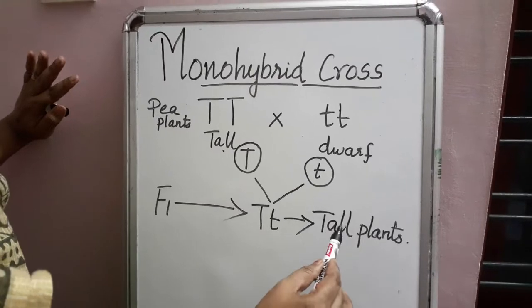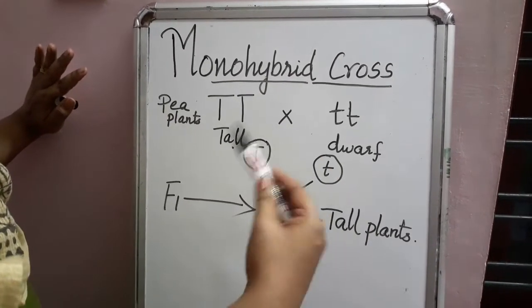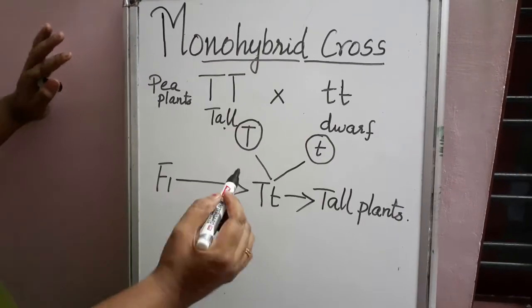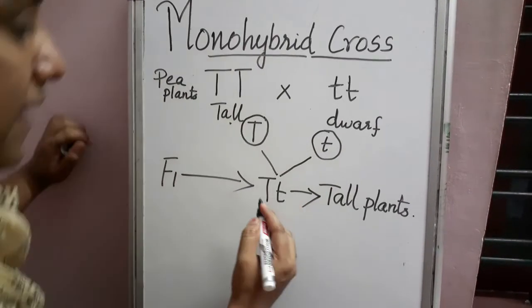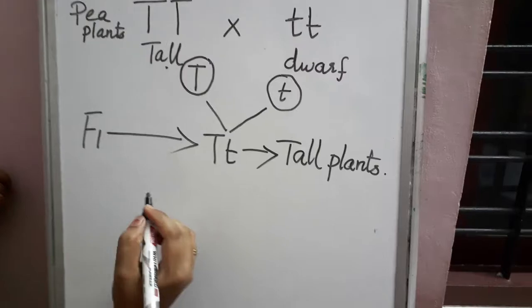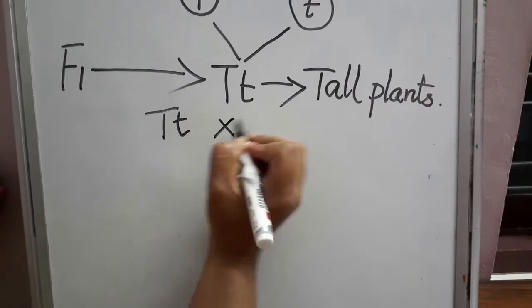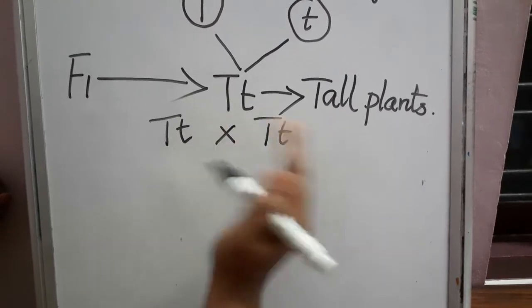So he did cross pollination one more time, between the same F1 plants.